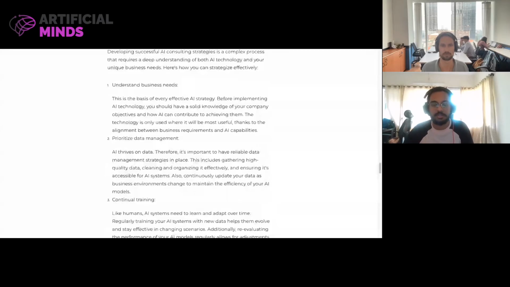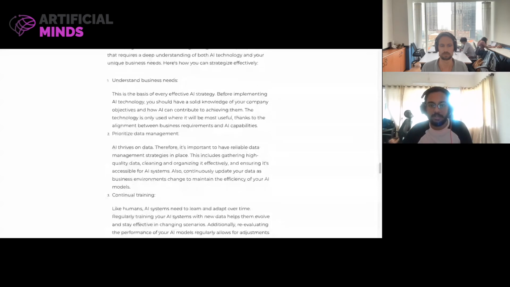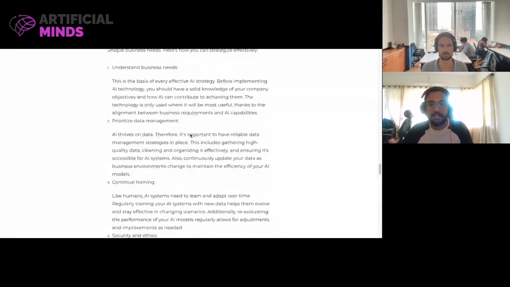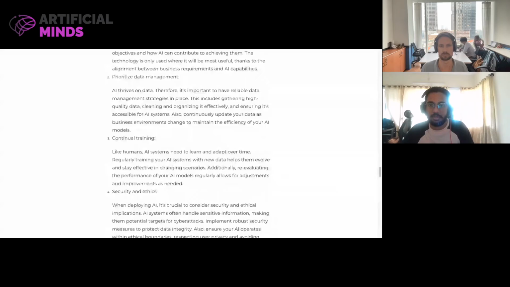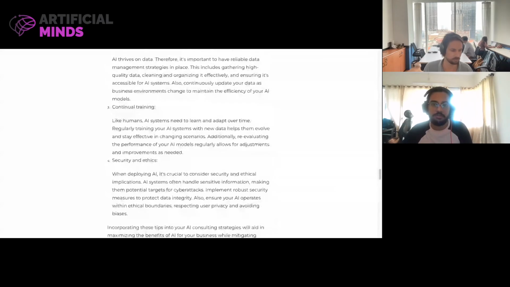And in some cases, people might think that AI is not really needed, but in reality, that would require a lot of human force. So you should understand the business needs, and after that, you should give priority to data management, because rich data will ultimately lead to a rich model. Then do continuous training and follow good security and ethics.